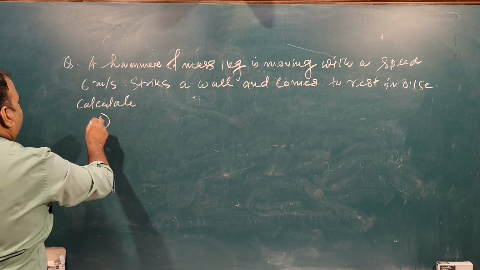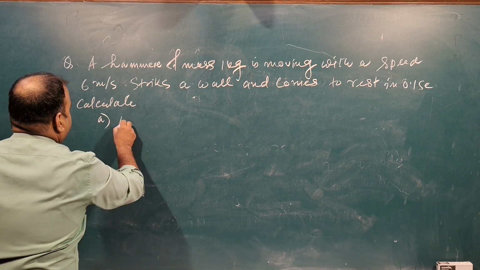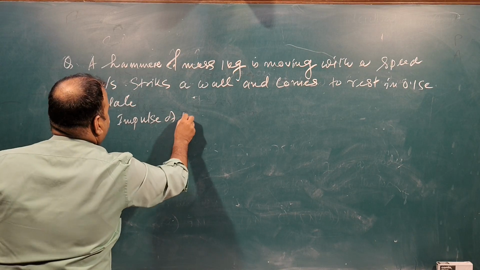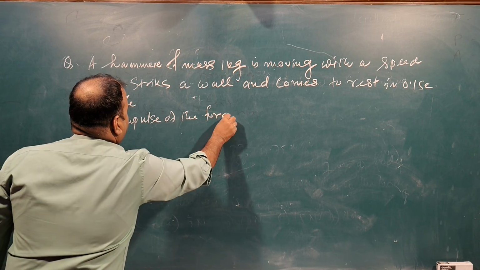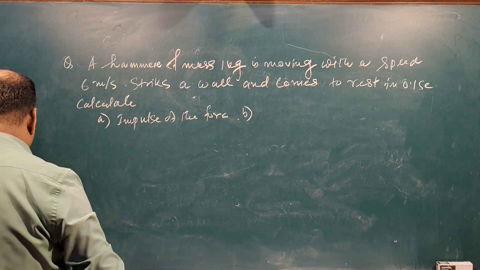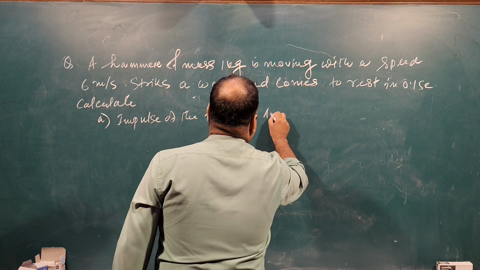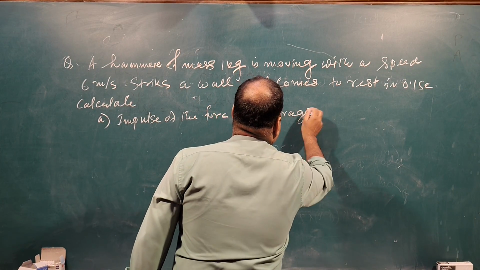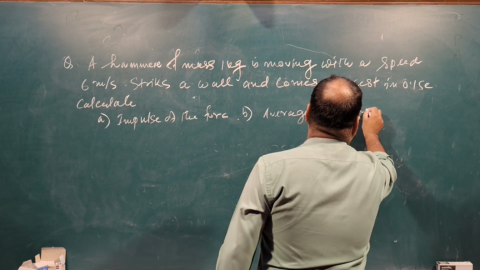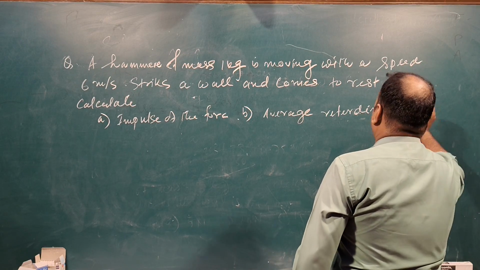Calculate: number A, the impulse of the force. Number B, the average retarding force, that means negative acceleration.